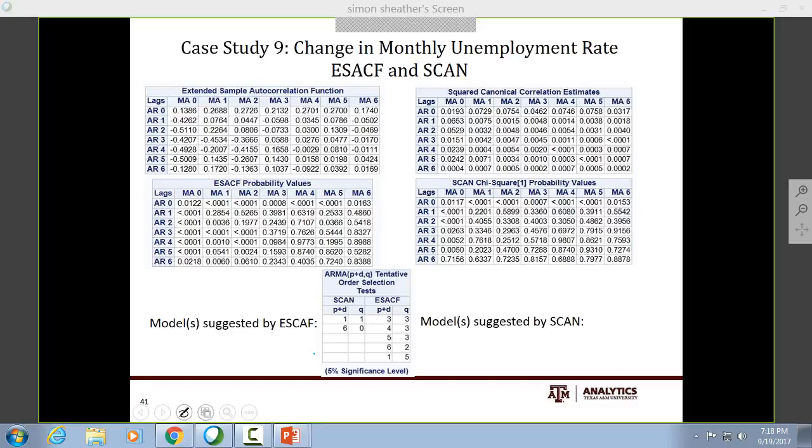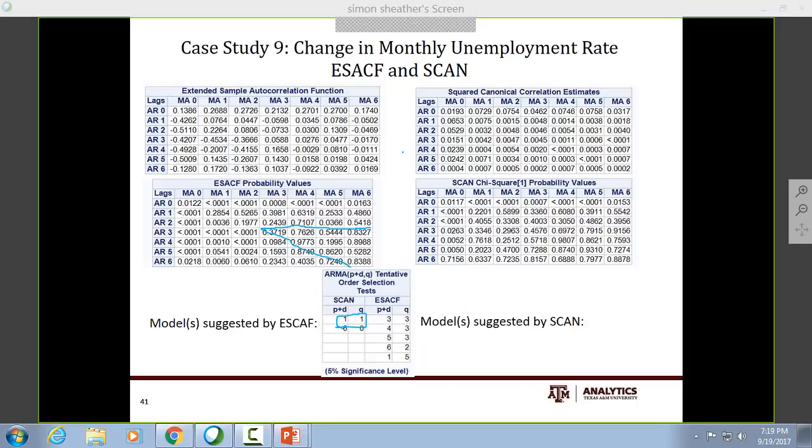SAS said scan was 1-1. Okay, we get 10 out of 10. It said ESACF was 3-3. Shoot me now. That's not very convincing either, is it? That makes no sense to me.